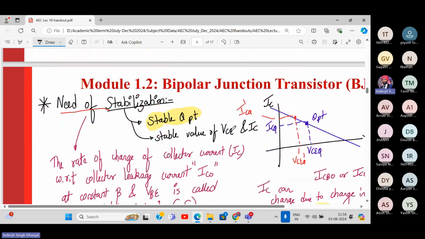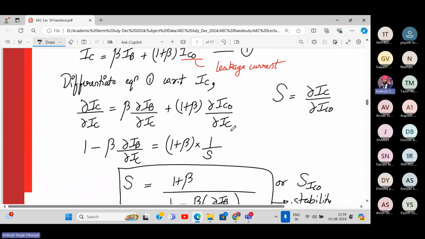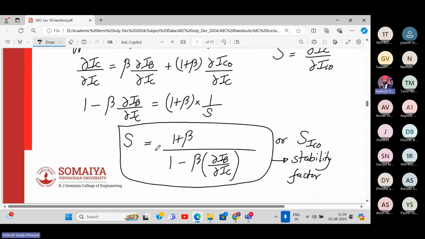Okay, understood the need of stabilization and the derivation of the stability factor. Everyone clear about it? Numerator is 1 plus beta, denominator is 1 minus beta into delta IB upon delta IC. So if you want to find out the stability factor with respect to leakage current for any biasing circuit, you have to use this formula directly.